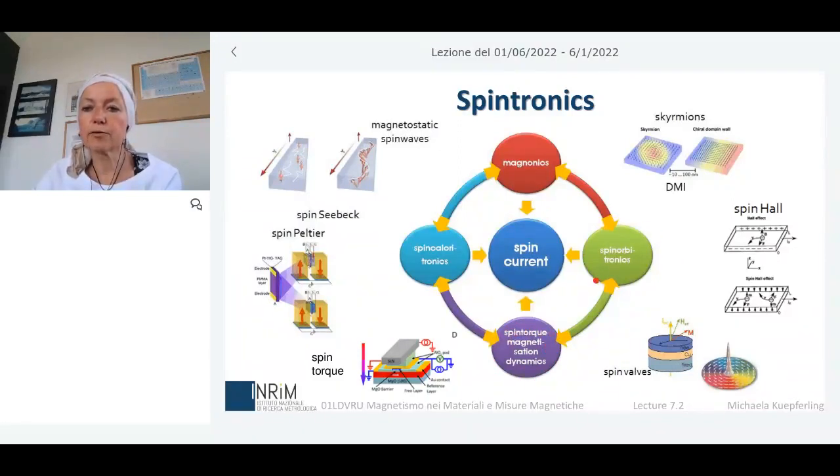And then we have, lately, the most important topic, spin orbitronics. So this is everything that has to do with spin orbit coupling.